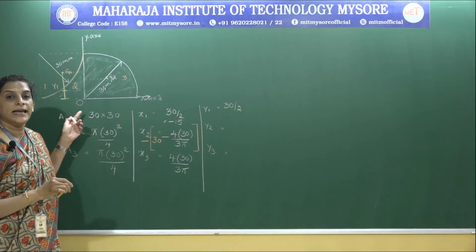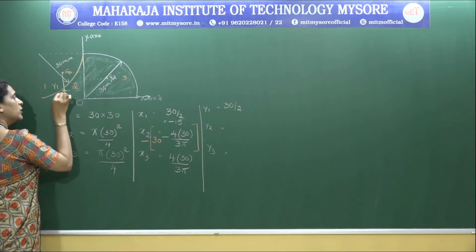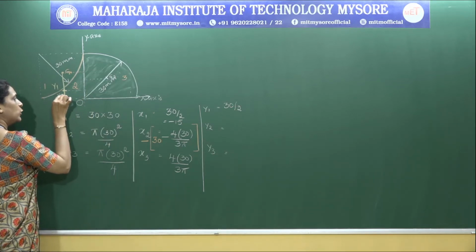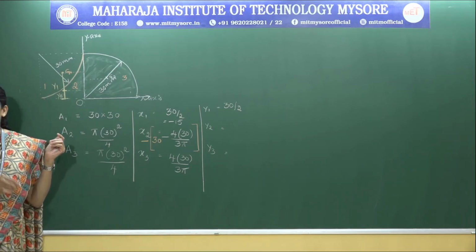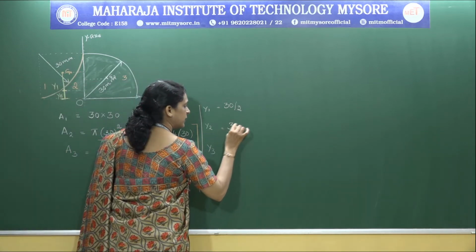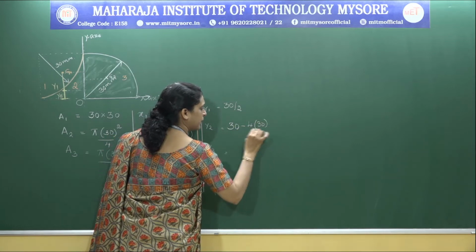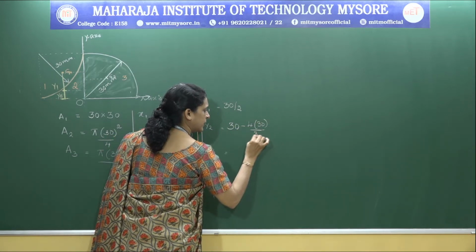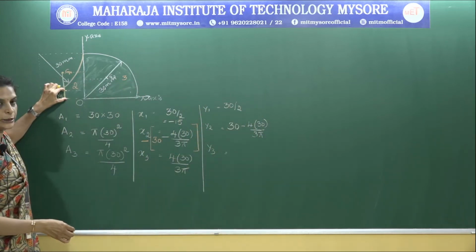For the next section, so this is the centroid, so we shall mark y2 as such. So now we are supposed to consider that as 30 minus 4r by 3 pi. So here is the y2.